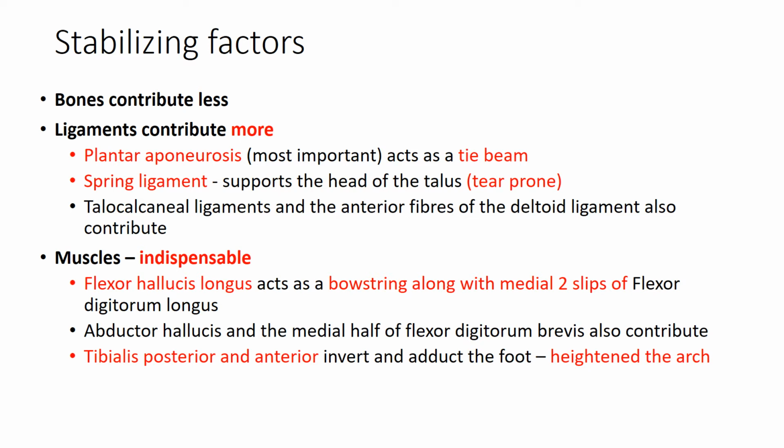Then the spring ligament, which supports the head of the talus. This is the second most important ligament, but it is also more tear prone. Then the ligaments which run between the talus and the calcaneus also support it, as does the anterior fiber of the deltoid ligament, which is also an important contributor.